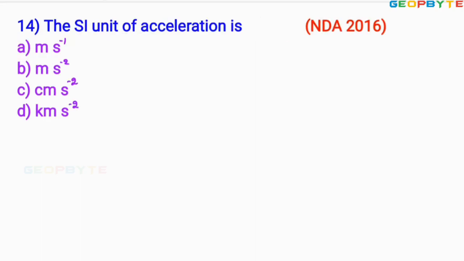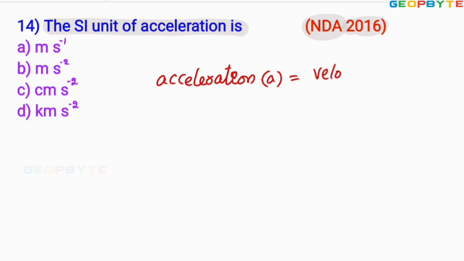Look at the 14th problem, asked in 2016 for NDA, National Defense Academy. The problem is given like this: the SI unit of acceleration is, dear friends, acceleration denoted by a equal to velocity divided by time.